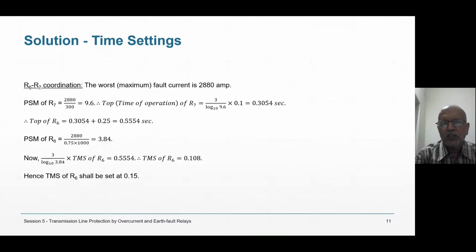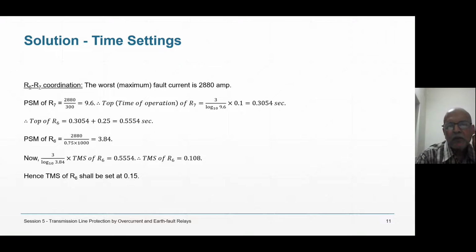So 3 upon log 9.6 gives me 0.3054. So top of R6 is 0.3054 plus 0.25. I have to add 0.25 time discrimination, which we were talking about yesterday. That is 0.5554 second.